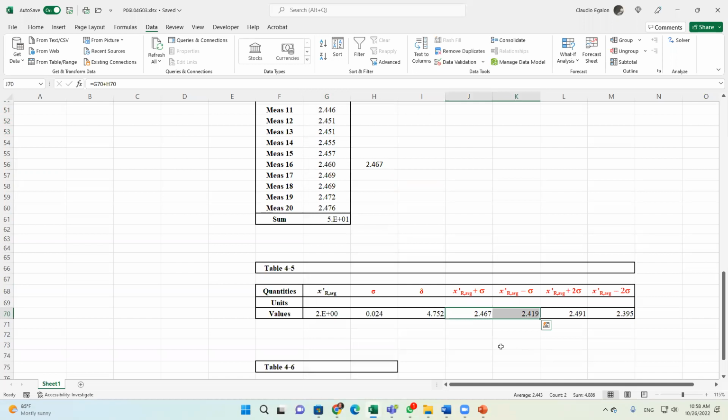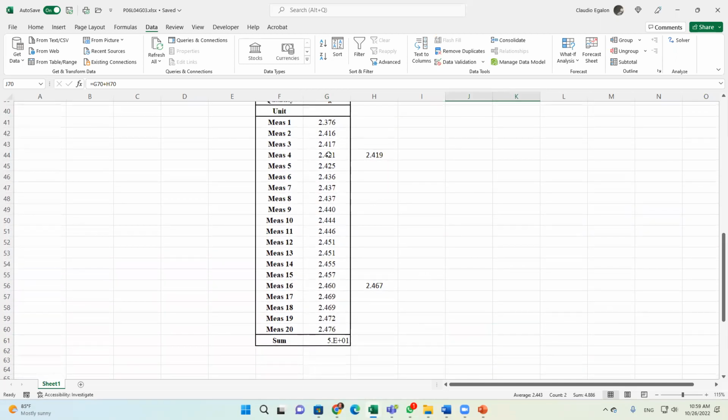So what are those values here that are within those 2 values? For 2.421 is greater than 2.419, right? And 2.460 is less than 2.467. The next value would be greater than this one, so you don't count them. All you have to do is to count those values that are within the x minus sigma and x plus sigma. That's all you have to do.